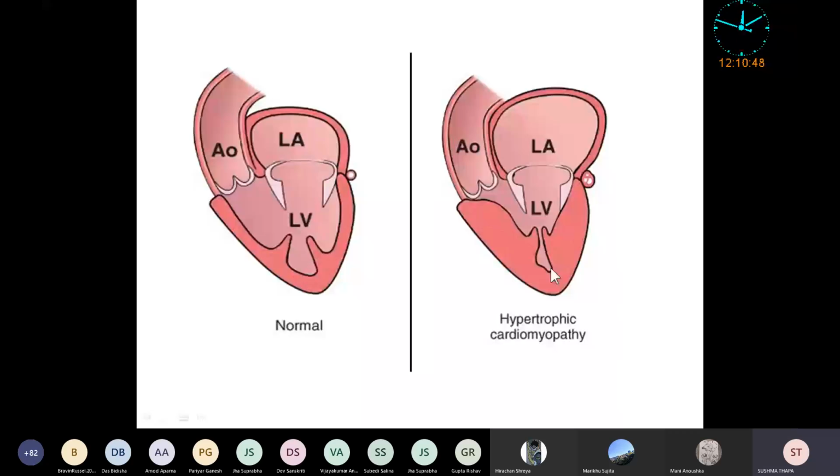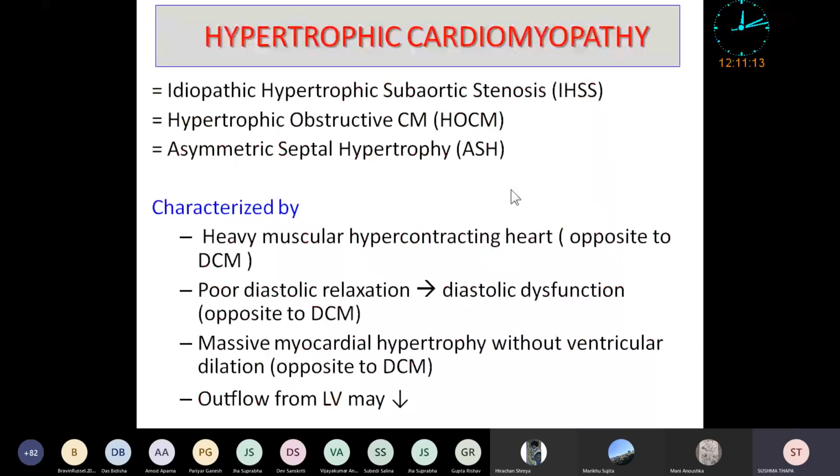Why? Because of the hypertrophy of the muscle. The space is all occupied by the hypertrophied cardiac muscle. So though the contraction is there, a sufficient amount of blood is not present, and that's why there is a decrease in cardiac output. Understood, everyone? Yes, ma'am. That's why the outflow from the left ventricle may be reduced.